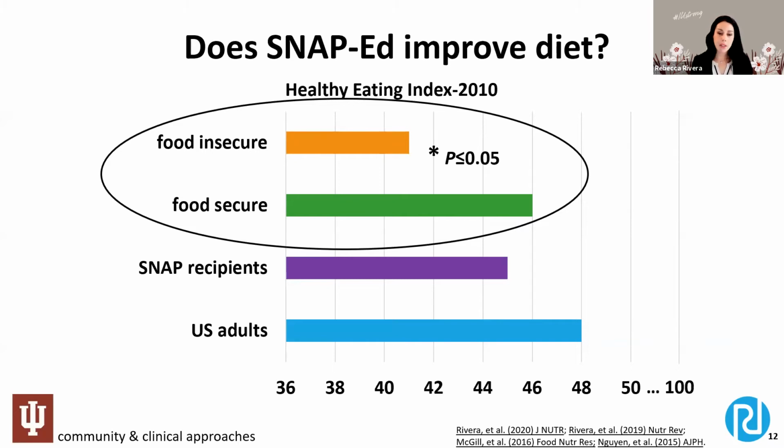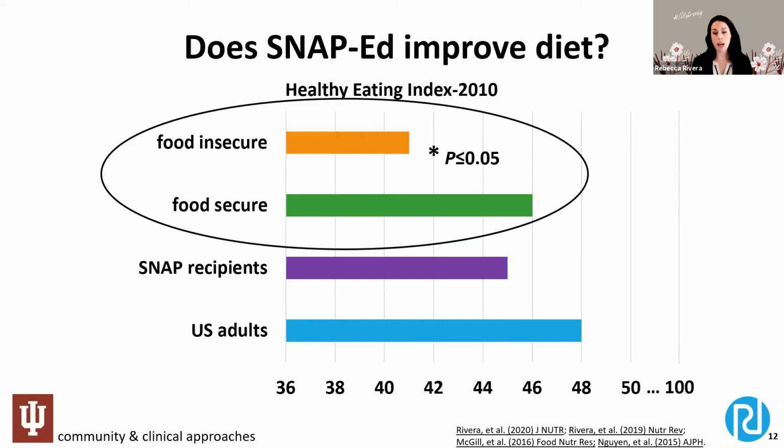In my study population, who again are a low income population interested in receiving nutrition education, even within this group, it's not homogeneous. We have a mix. Most people were actually food secure, and their dietary index was much higher, significantly higher than those who were food insecure.